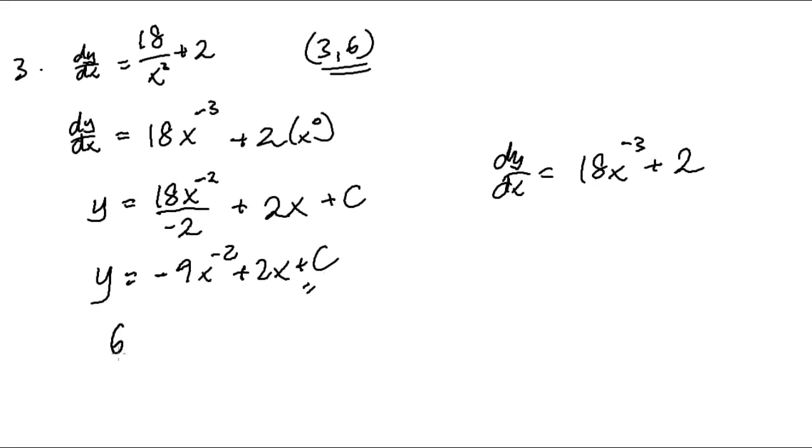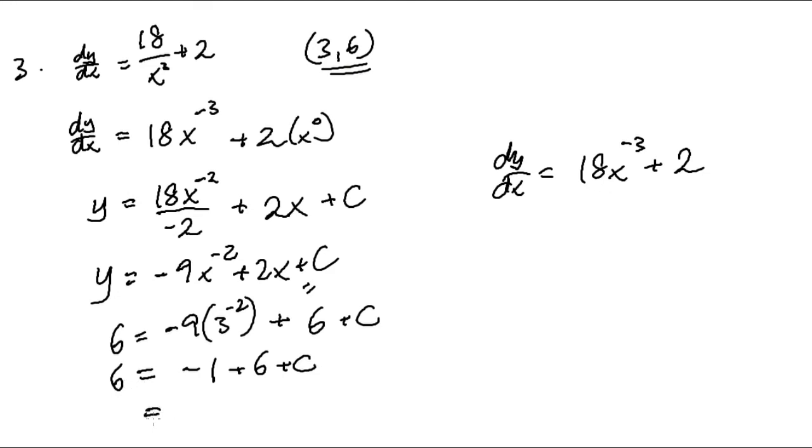So y is 6, equals minus 9 times 3 to the minus 2, add 2 times 3 is 6, plus c. And it turns out that 3 to the minus 2 is just 1 over 9, which multiplied by 9 gives you 1, so minus 1 plus 6 plus c is 6, and 6 can go, and therefore c has to be 1.